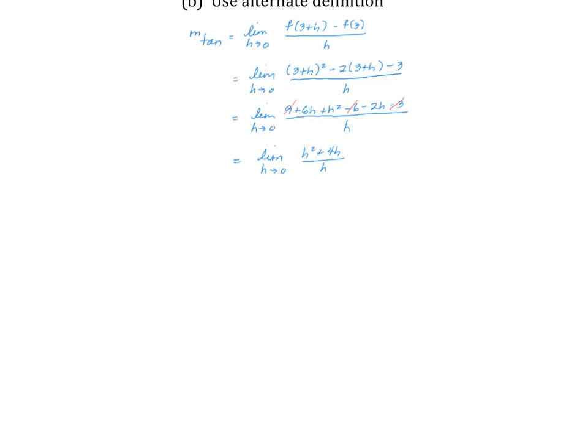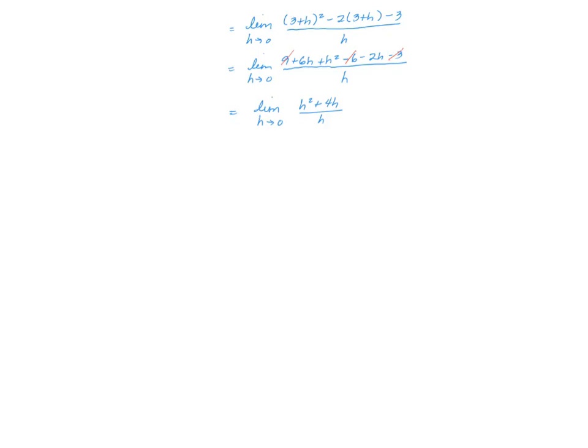So again, as I evaluate as h goes to 0, I still have the indeterminate form 0 over 0. So I need to do something more. What I'm going to do is reduce by h to get h plus 4. So now when I evaluate this limit, it's equal to 4. And that would be the alternate way to find the slope of the tangent line. And then we would finish as we did in part A to find the equation of the tangent line.